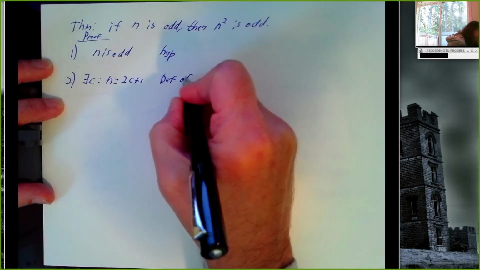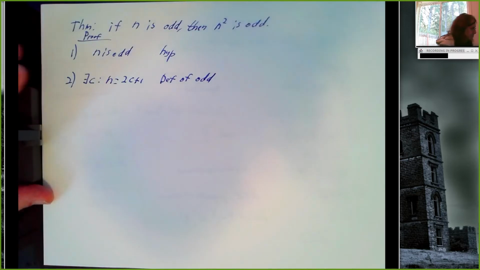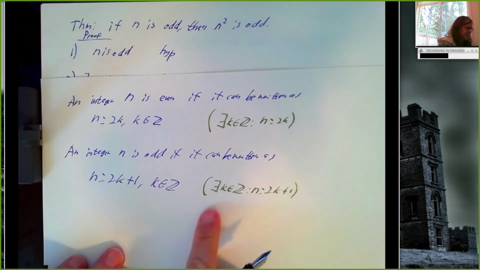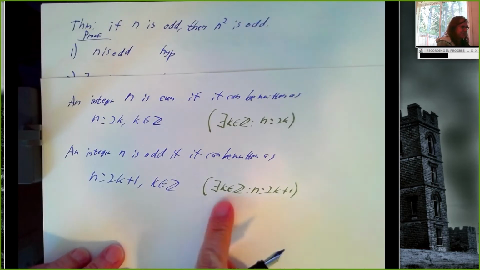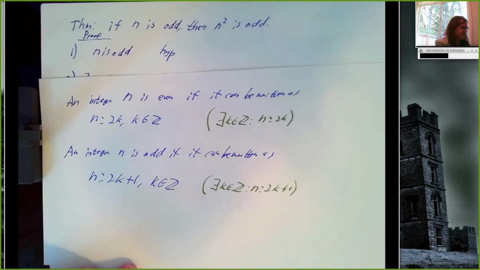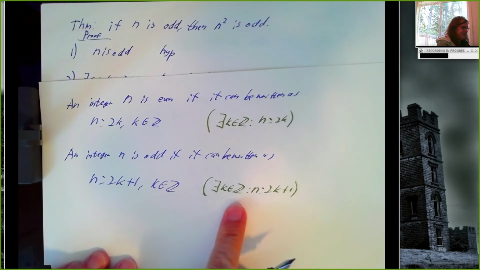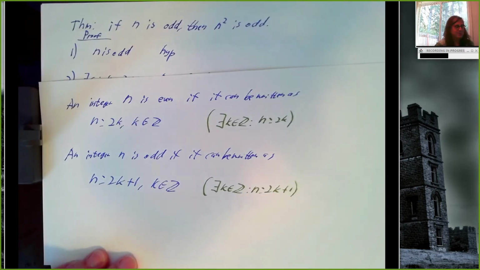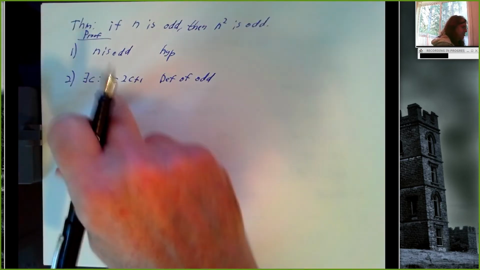And that's the definition of odd. And remember, with these existentials, these variables are just placeholders. I could say there exists a heebie-jeebie contained in the integers such that n equals 2 times heebie-jeebie plus 1. And it's exactly the same proposition. So I'm okay just using a c here.